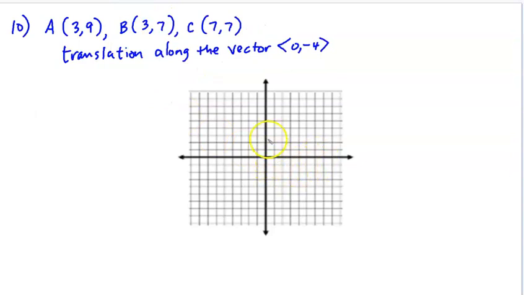I've got number 10. The directions here, we're supposed to find the coordinates of the figure. So this is going to be our pre-image.